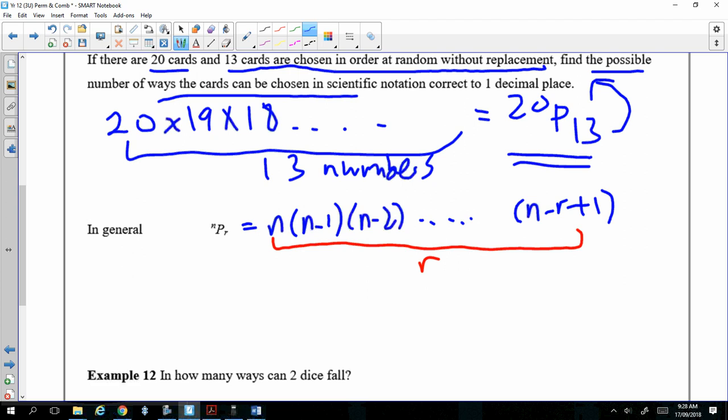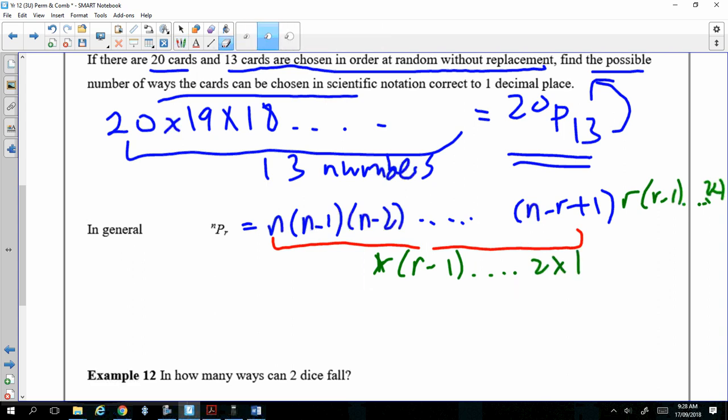Now, this is not a very convenient form. Let's express it in terms of factorial. You multiply by the remaining stuff. So the top bit will become n factorial.